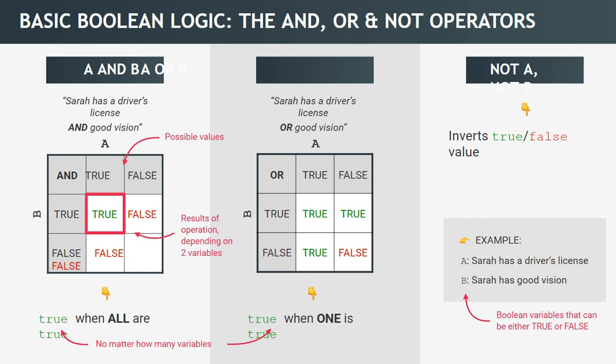So when we say NOT, it means that it's not required. Let's say, for example, Sarah NOT a good vision. That means Sarah does not have a good vision. Sarah NOT driving license means that Sarah does not have a driving license.